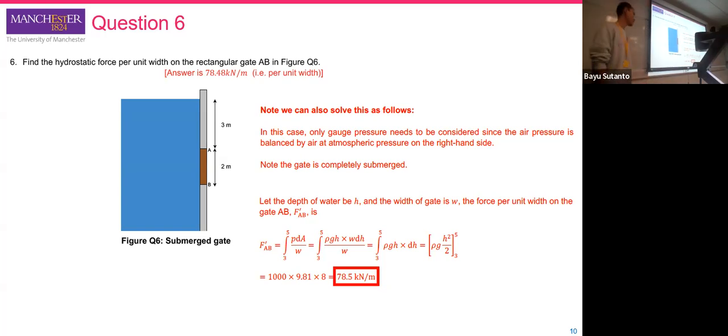So the integral is for the variable, and g is constant. We remind that the integral is not from 0 to 5, but from 3 to 5, because we only calculate the pressure on surface AB. And the result is the same as the calculation using center of gravity.